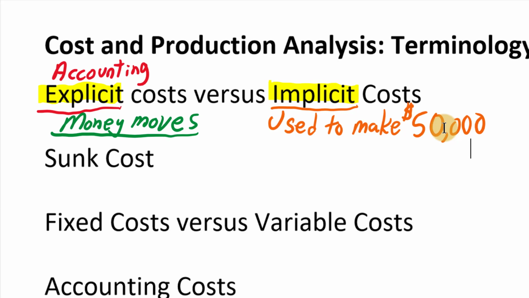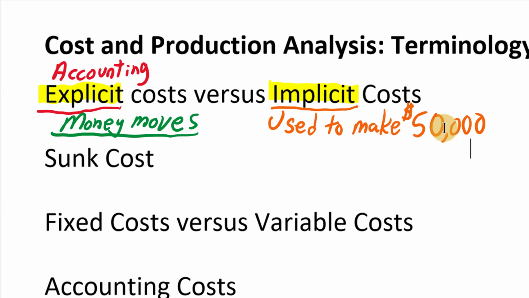The fact that you're using the farm in a business rather than renting it out or selling it and investing the money, these are implicit costs of using the farm yourself. So again, these are real costs, real amounts of money that you really are losing, that it really is costing you. It's just we don't see the money flowing from one person to another. An accountant wouldn't track it.